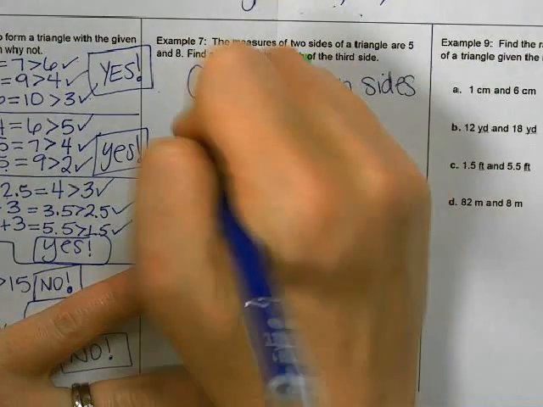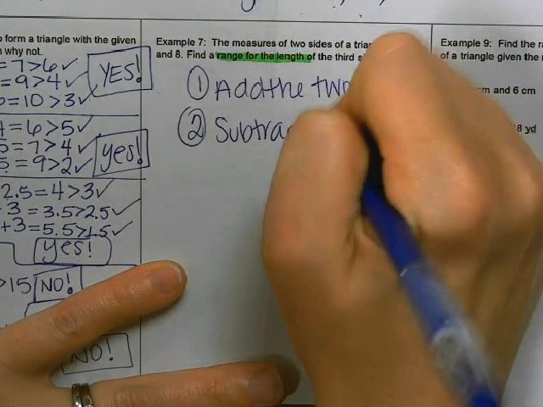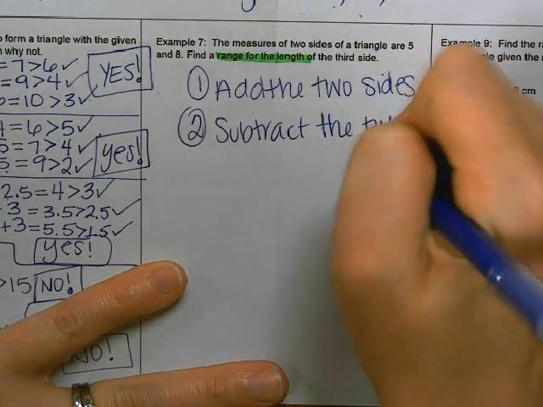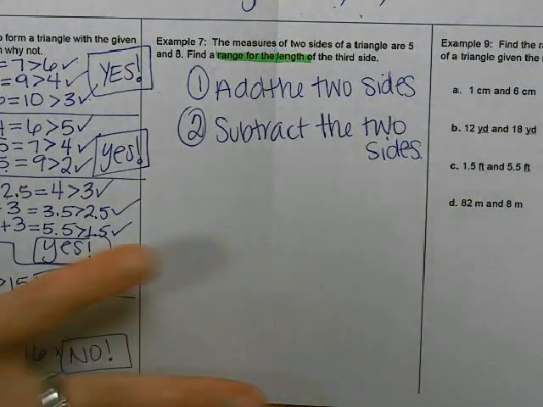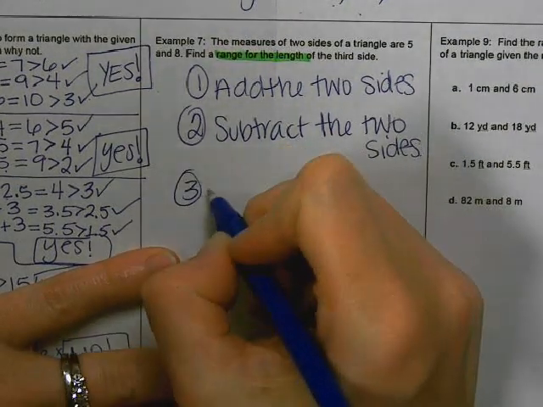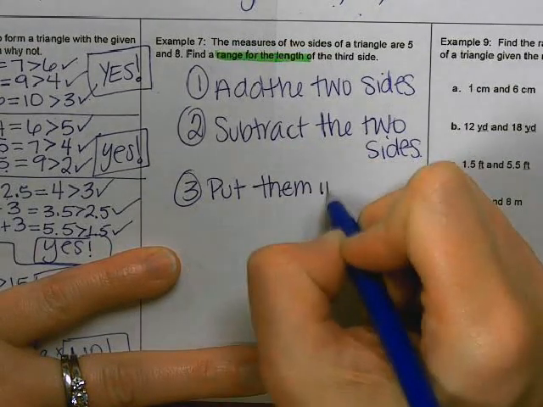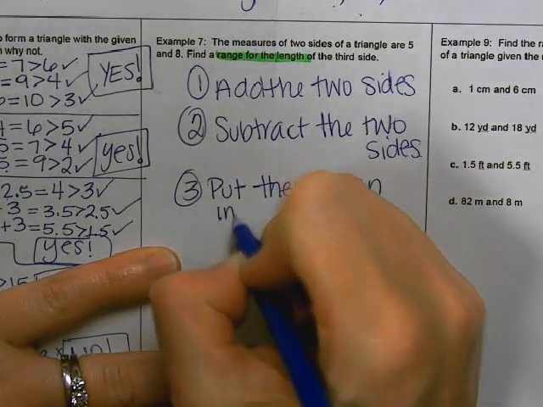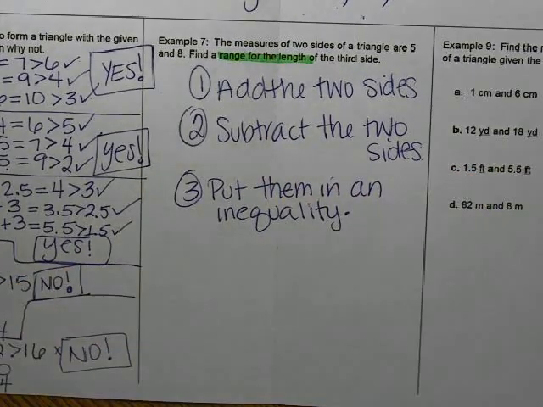Then we're going to subtract the 2 sides. And then we're going to put those 2 numbers in an inequality. That's going to show us our range.